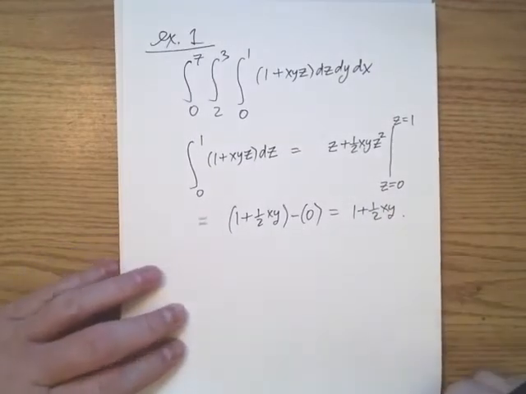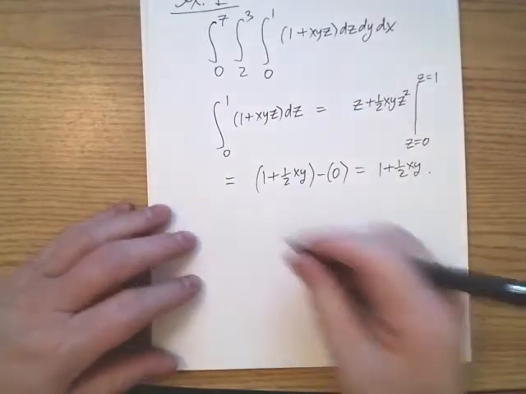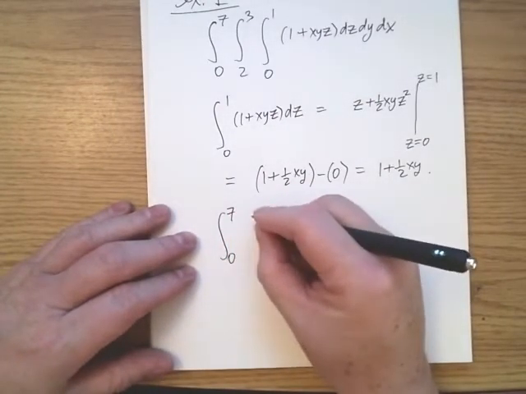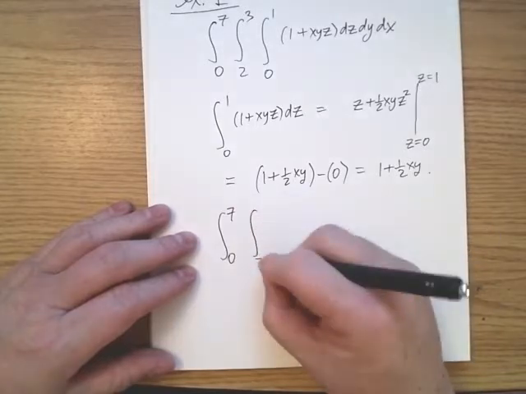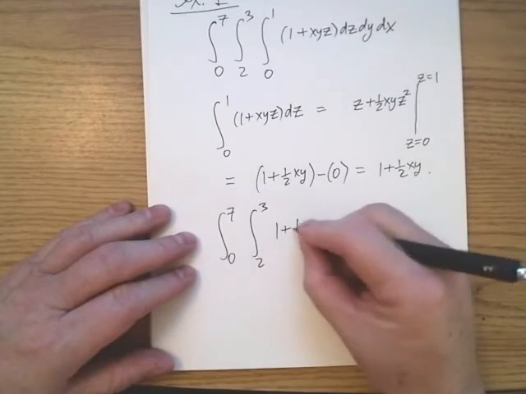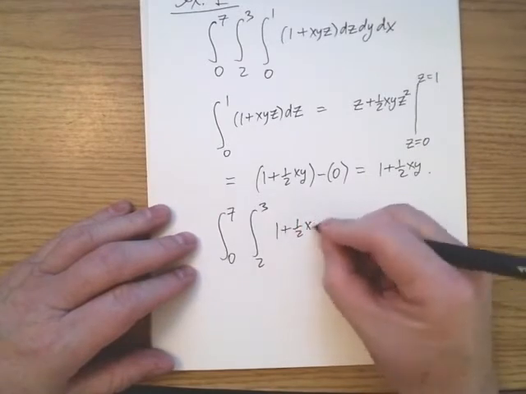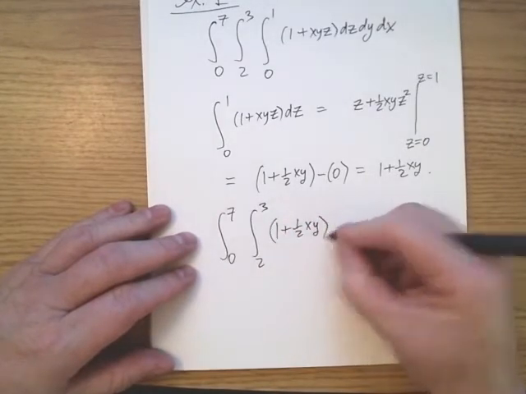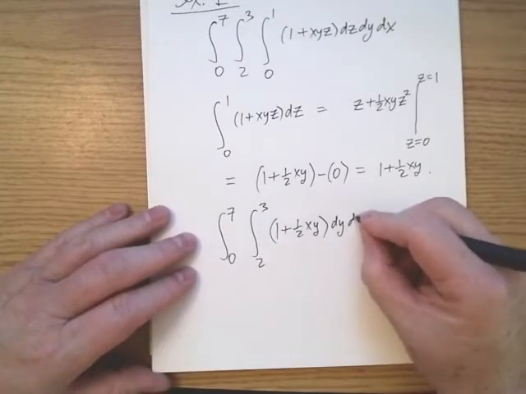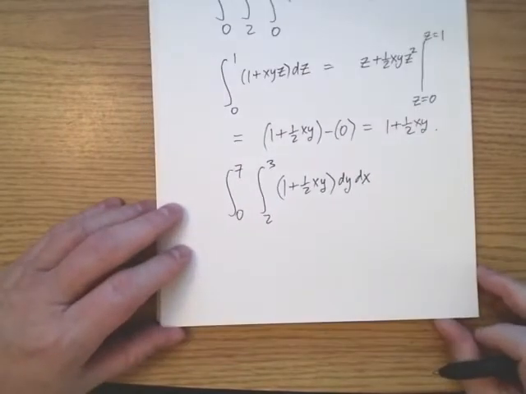Okay, so that's the value of the inner integral, innermost integral if you wish. 0 to 7, 2 to 3. That inner integral turned out to be 1 plus 1/2 xy. And now we're integrating with respect to y, then x, right? Okay.